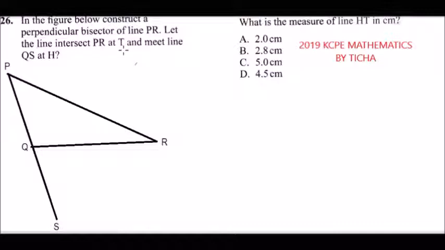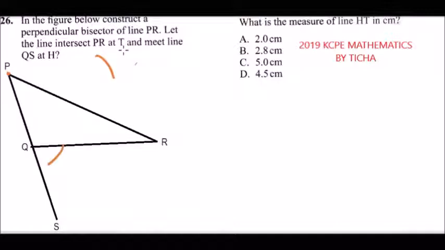So for you to be able to bisect the line PR, you need a geometrical set, and specifically you need a compass and a ruler, and you may need a divider, but you can use a compass instead of a divider. So what you do is you take point R, you extend your compass, and you make your arc there, and you make another one on the other side.